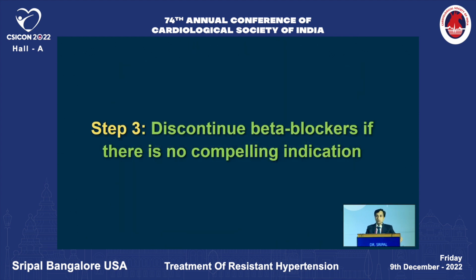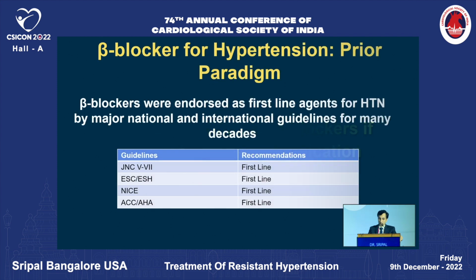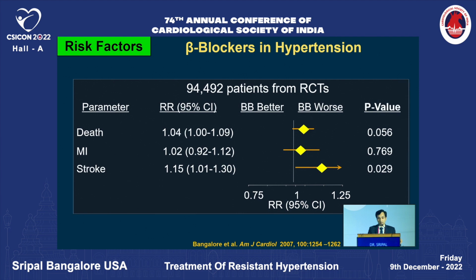Step 3 is, in patients who do not have compelling indications, discontinue beta blockers, because the data to treat hypertension with a beta blocker without a compelling indication is weak. If you look at the prior paradigm, 10, 15 years ago, all the guidelines endorsed beta blockers as first-line therapy, but in multiple analyses, and we have published a number of these, beta blockers in hypertension showed no significant benefit.